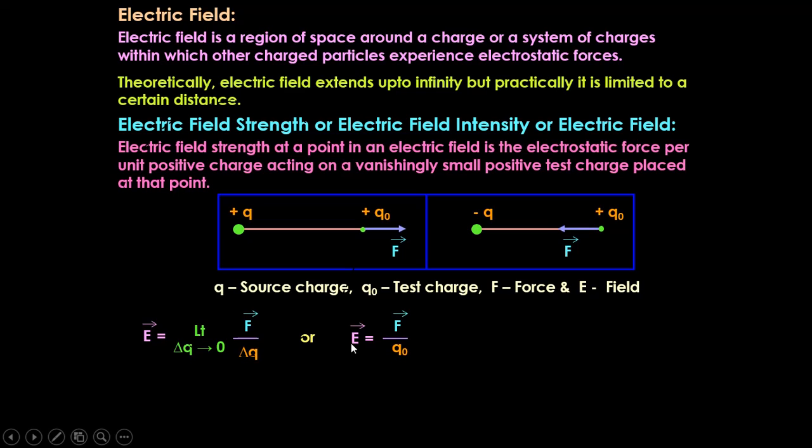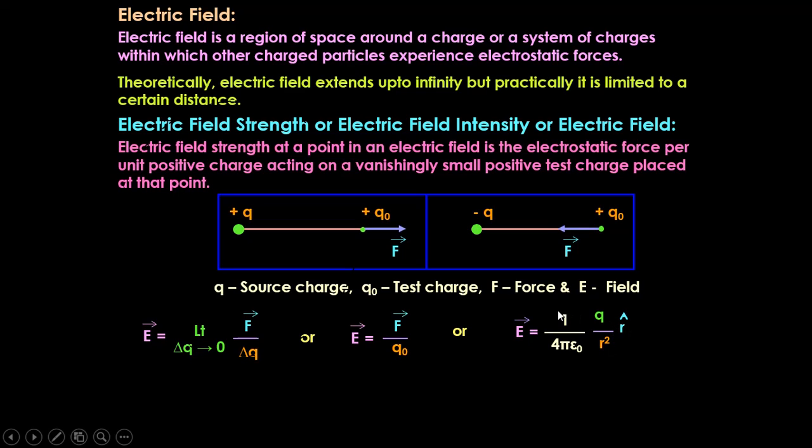That is, electric field is nothing but the electric force experienced by this unit positive charge. We can also write this electric field with this expression: electric field equal to 1 upon 4 pi epsilon naught, Q by R square, into R cap.